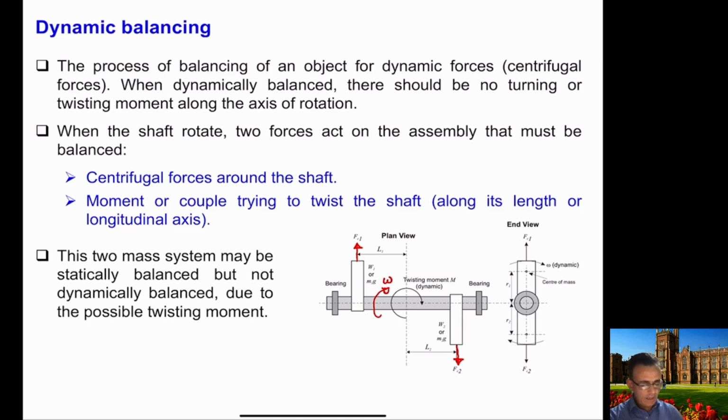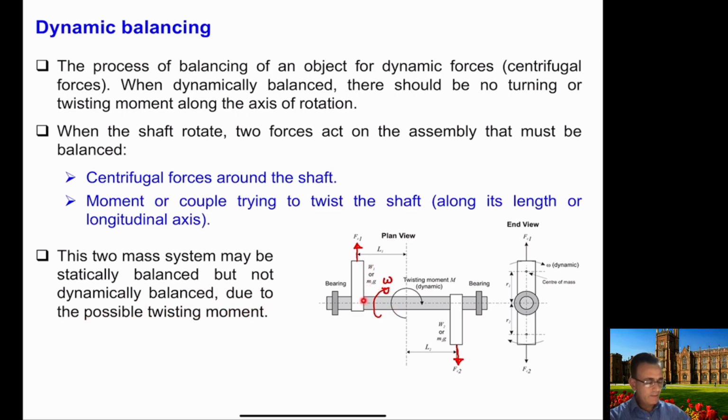Now, as you can see in this case here, we have a two mass system. This is mass 1 and this is mass 2. This two mass system may be statically balanced, as we explained in the static balancing case, but not dynamically balanced, due to the possible twisting moment.